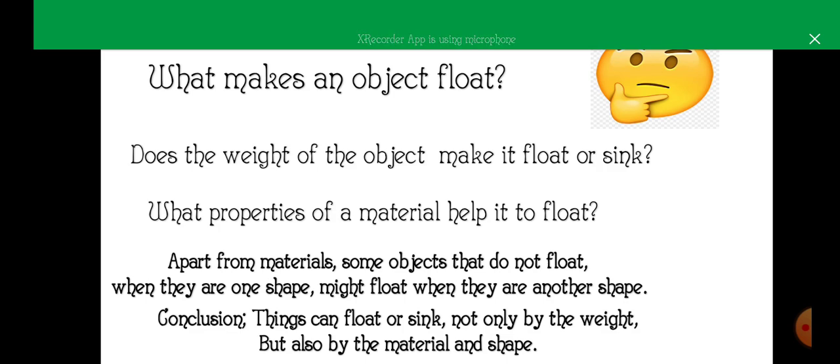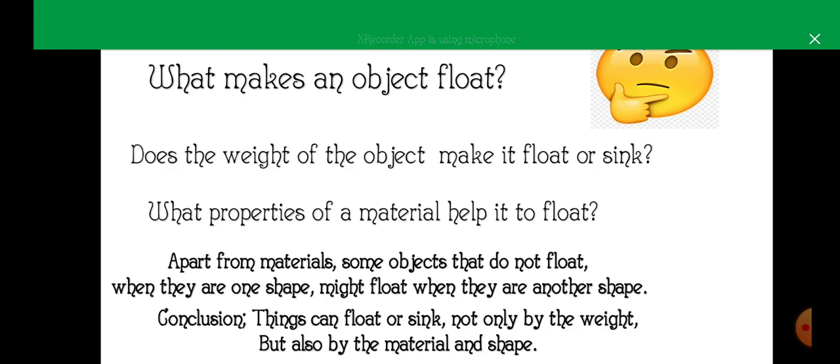But when the ship is about to sink, it simply means the load on the ship is too much and it makes it sink inside the water. So the weight of the object makes it sink. But when an object is light, it floats inside the water.